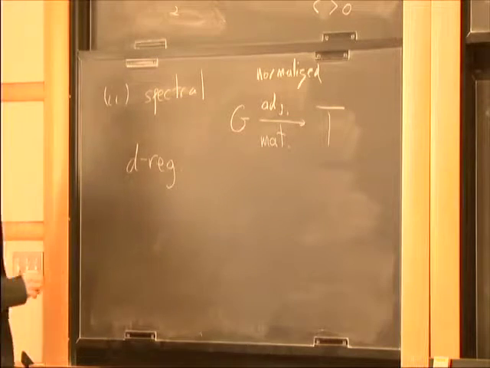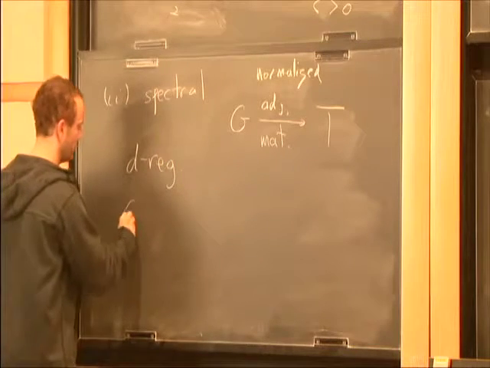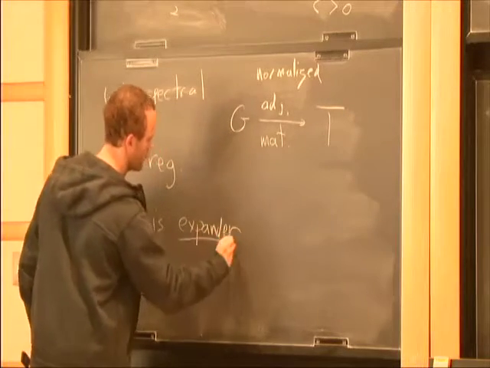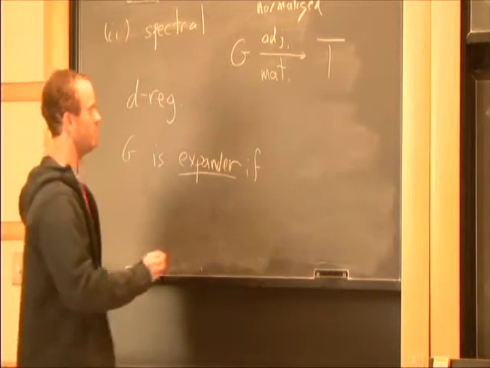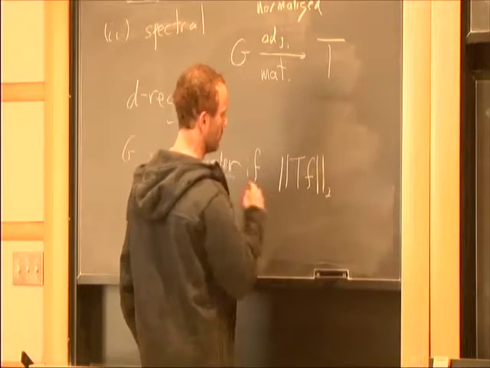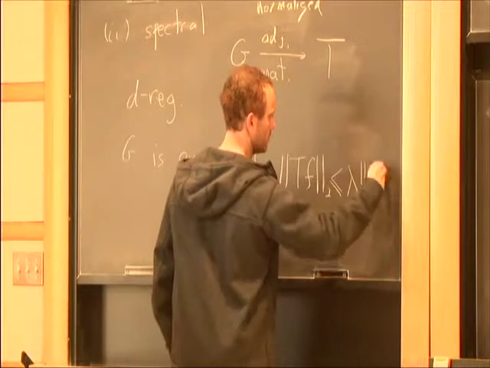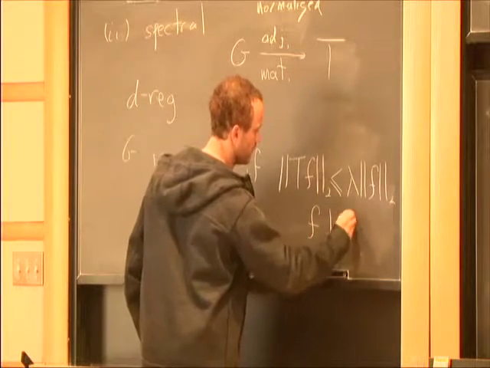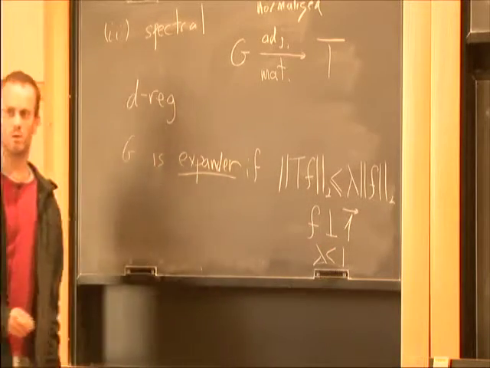Then the graph G is an expander if there is a spectral gap, and I will write just one meaning of it: the L2 norm of T of F is at most lambda times the L2 norm of F, whenever F is orthogonal to the all 1 vector, and lambda is a constant strictly less than 1.